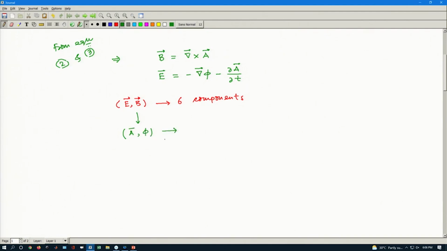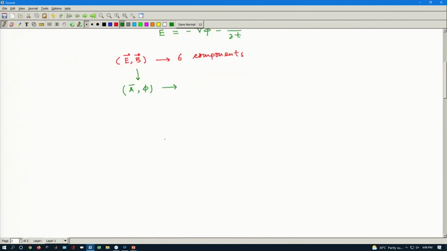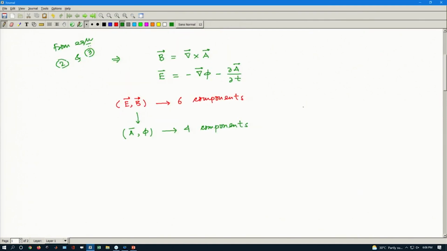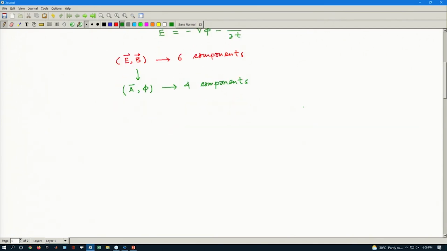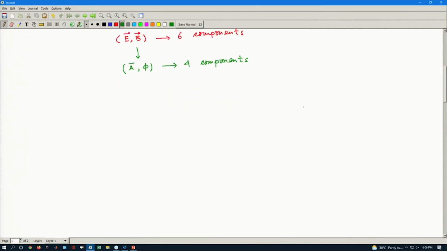Phi is a scalar quantity, which makes the total number of components 4. So, we can reduce the number of components.